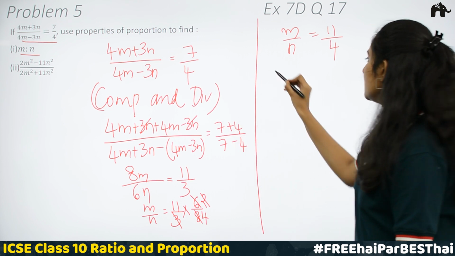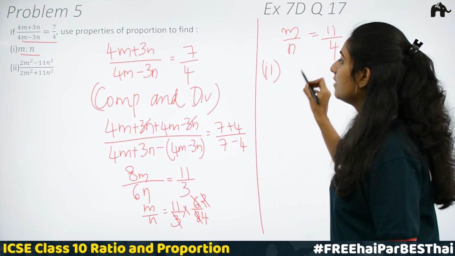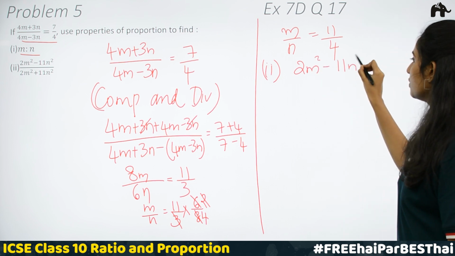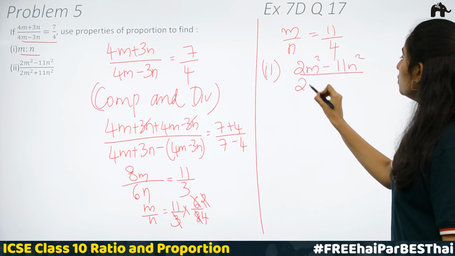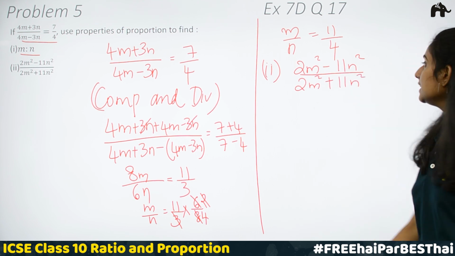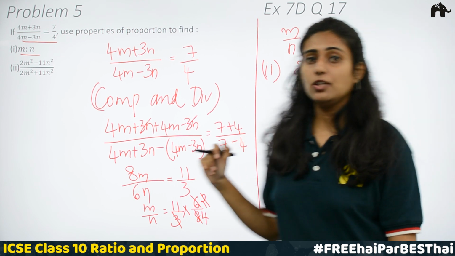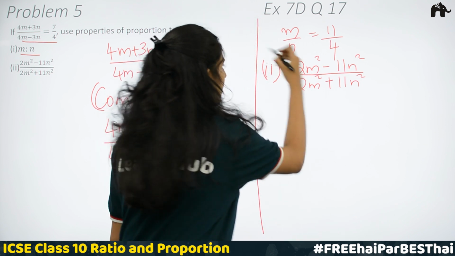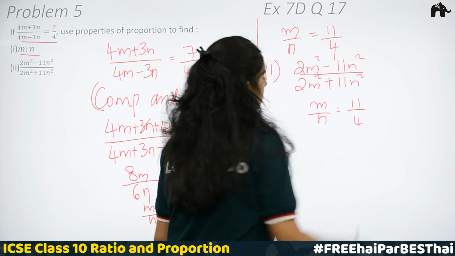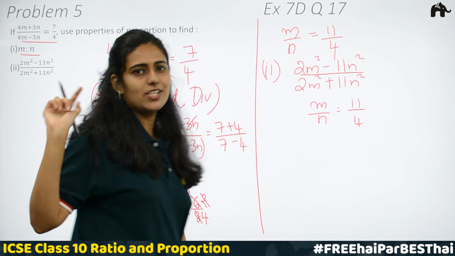Okay. Now the second question, we need to find the value of (2m square minus 11n square) divided by (2m square plus 11n square). How to do this? Here we know the value of m by n. Taking m by n is equal to 11 by 4. Just recall the previous question.